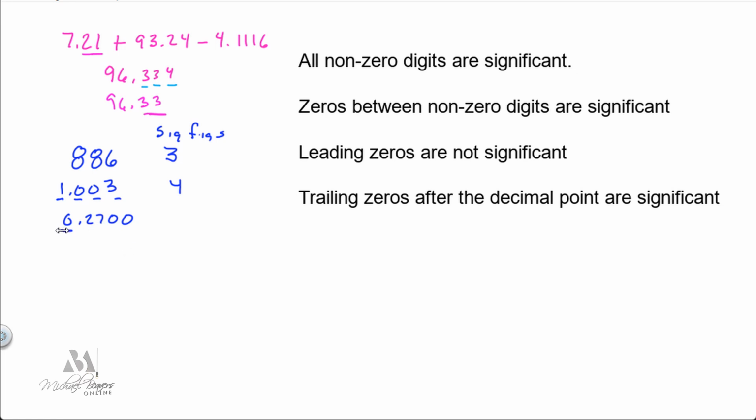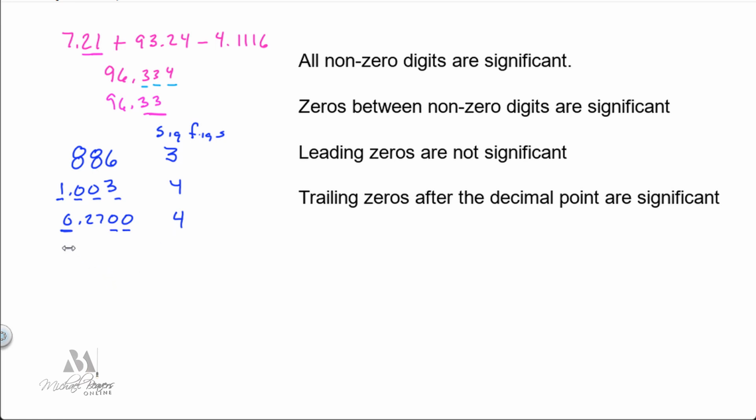So the 0 here is not significant. It's on the left-hand side. It's a leading 0. The zeros here are significant. They're on the right-hand side of the decimal place, and they're trailing zeros. So that's going to make 4 significant figures there as well.